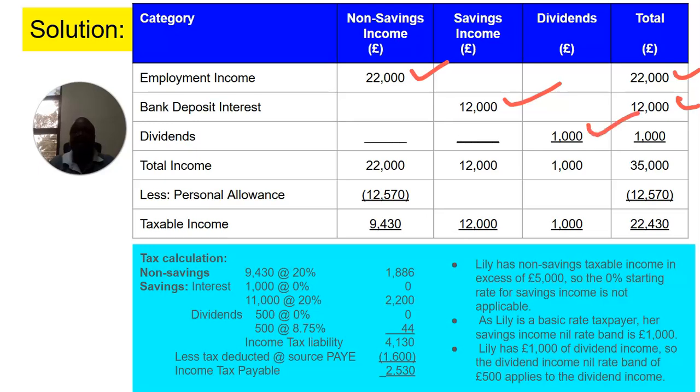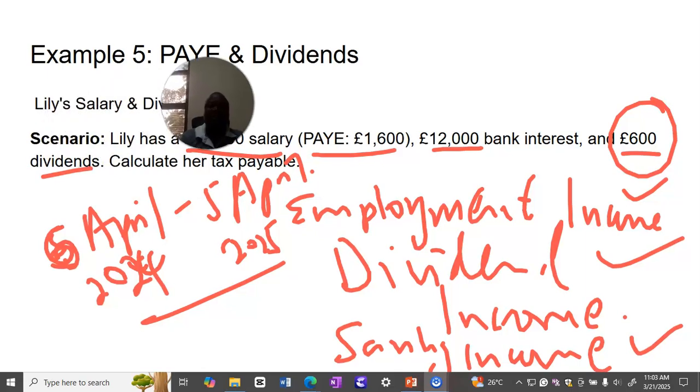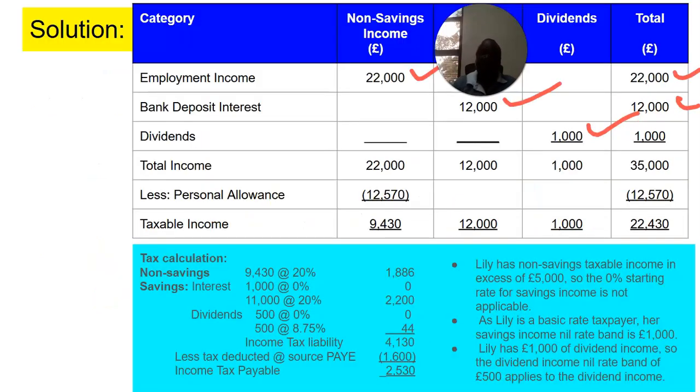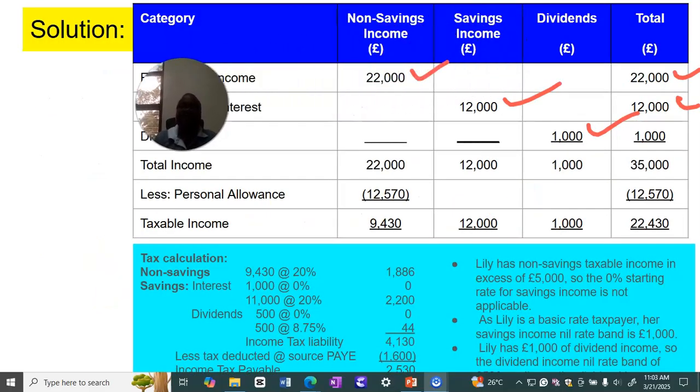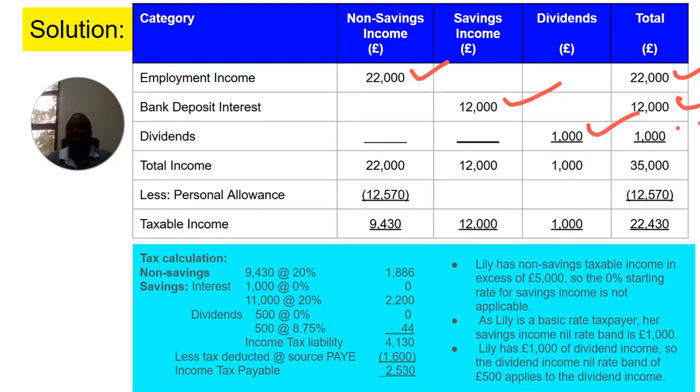Then 1,000 dividend. This is some typo because we'd indicated 600 pounds there, so we can just adjust it to 1,000 pounds. With that in mind, we're going to total up the 1,000 there.